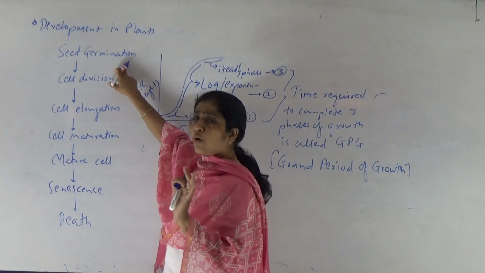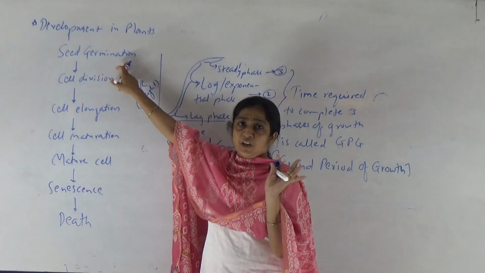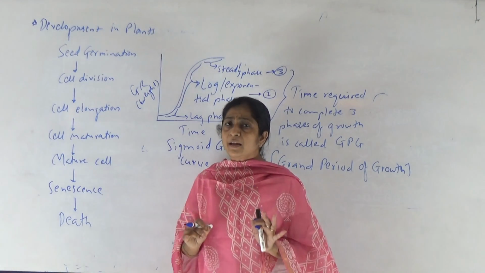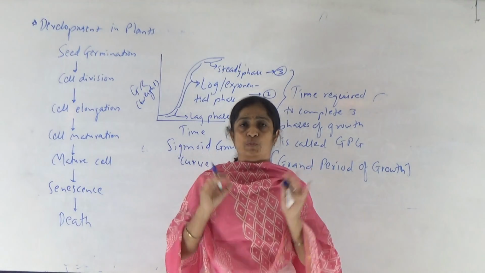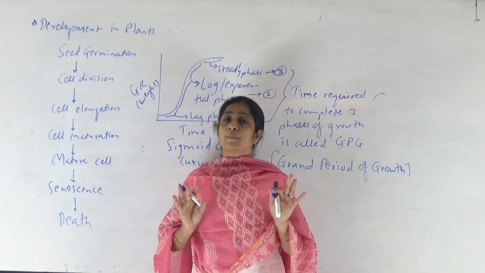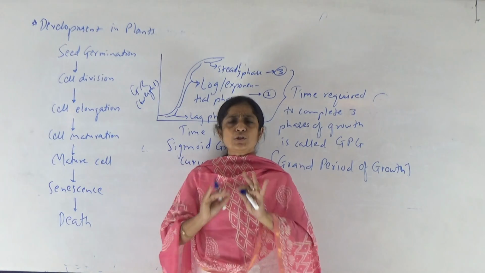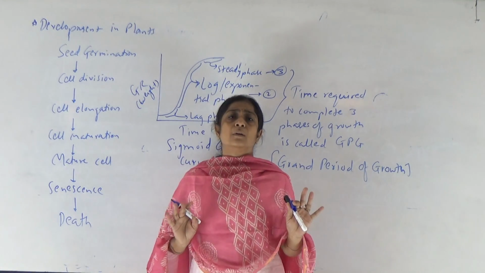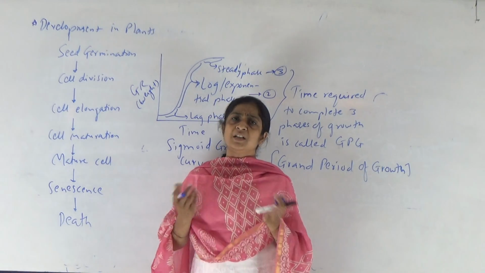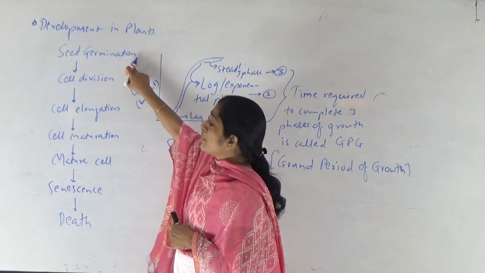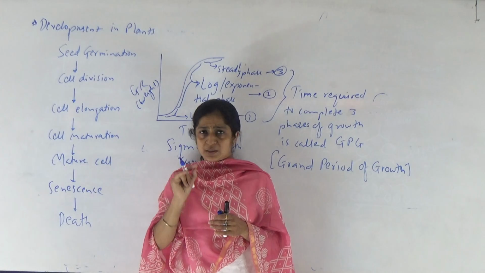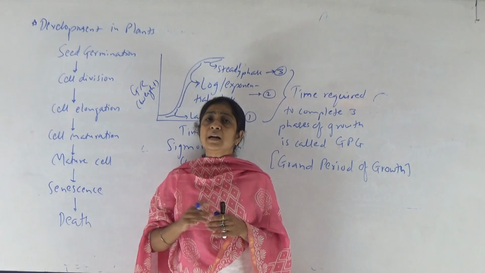The first step of growth of plant, that is seed germination, right? The most advanced and dominating vegetation on the earth is angiospermic plants. And in angiospermic plants, the sexual reproduction results in formation of seeds. The most cheap and convenient method of development or multiplication of new plant in angiosperm is seed germination. So seed germinates and it results in forming a small plantlet or a small seedling. How that seedling is formed?